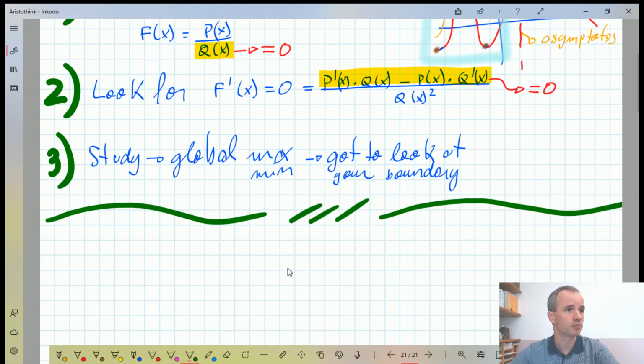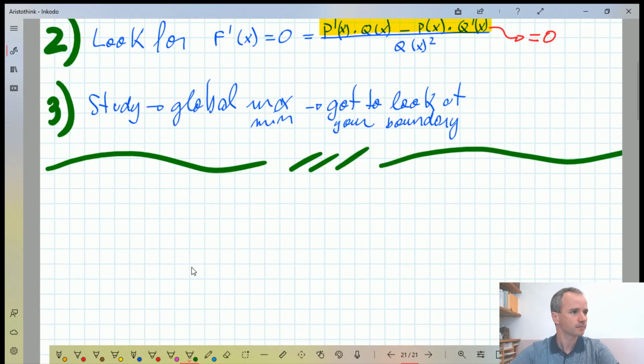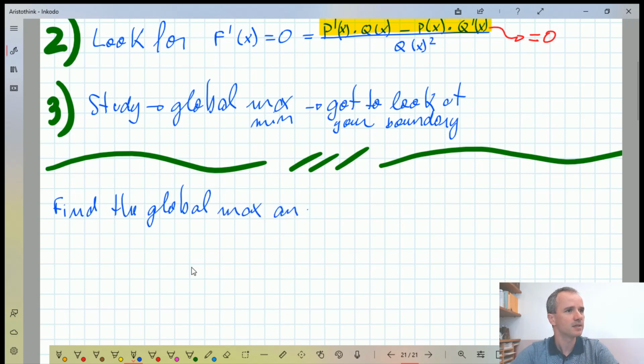Now let's go to the proper exercise. The exercise is this: we're going to find the global maximum and minimum of this function.